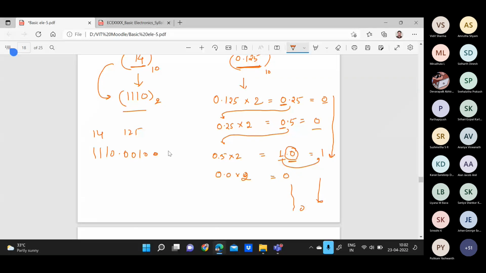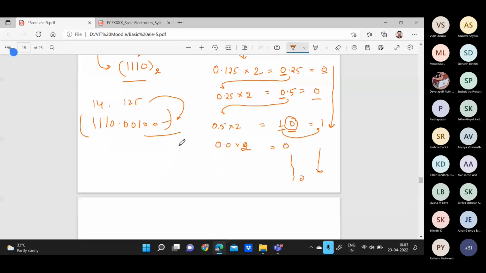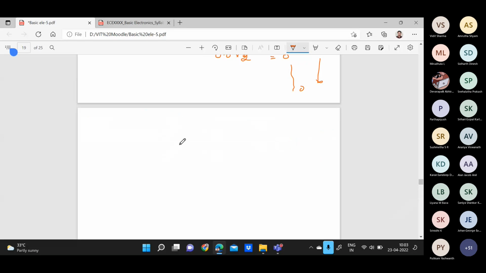So this is the way you can convert a decimal number into binary form. Understand? We will solve some more questions related to it. I'm giving you one example, everyone try on your own. For example, you have 12.25 in decimal. Try to convert it to binary form.